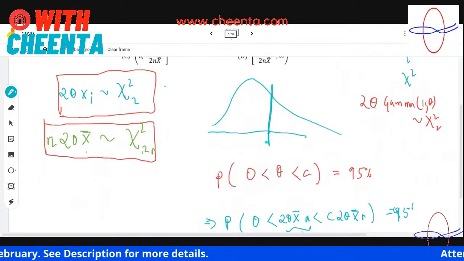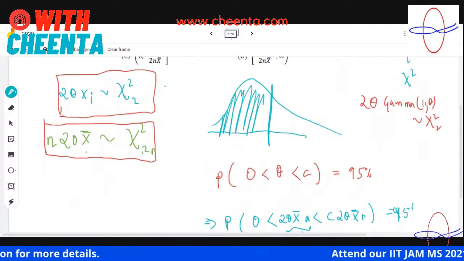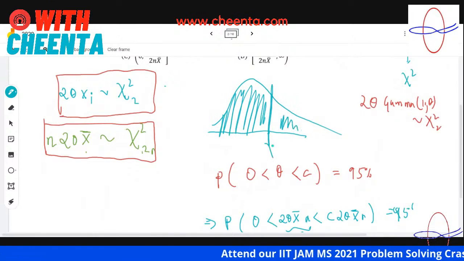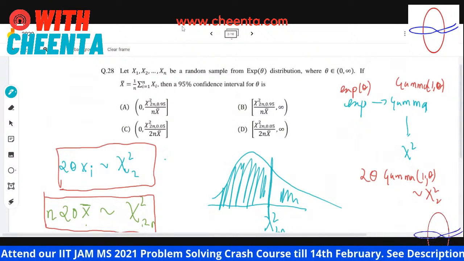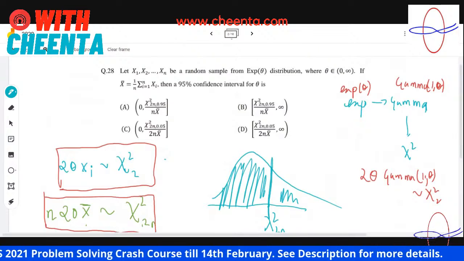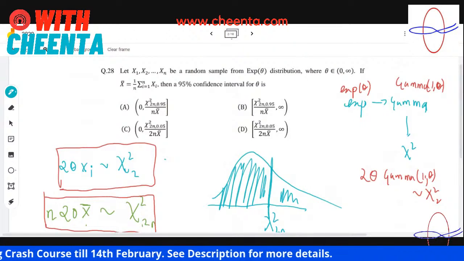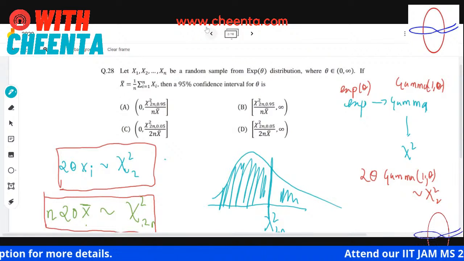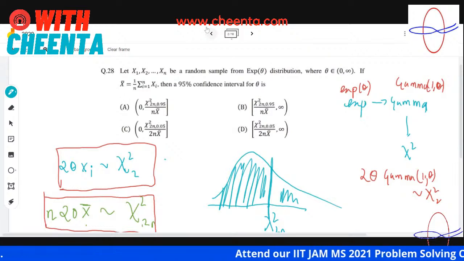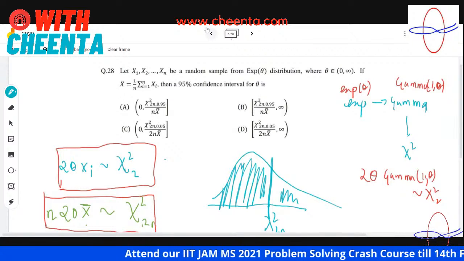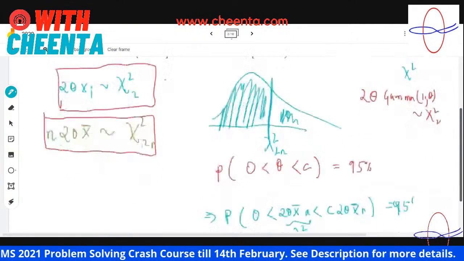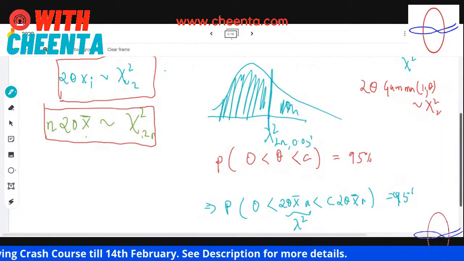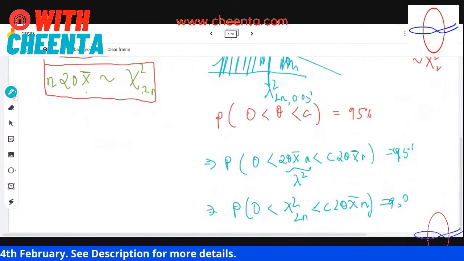So you want to find this stuff for the 90% interval. So this is 95%, therefore tell me, will this be chi-square twice n 0.95, or 0.05? Perfect.